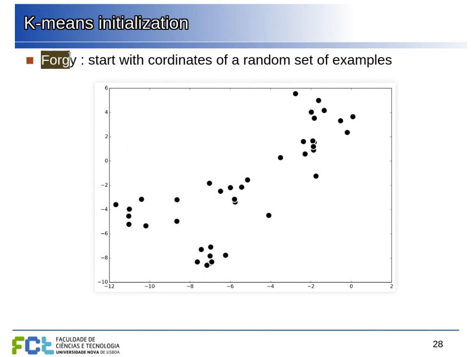For the initialization, we start with a random set of examples. We take from our whole data set, with replacement, a sample of k examples, and these will determine the initial position of our centroids.